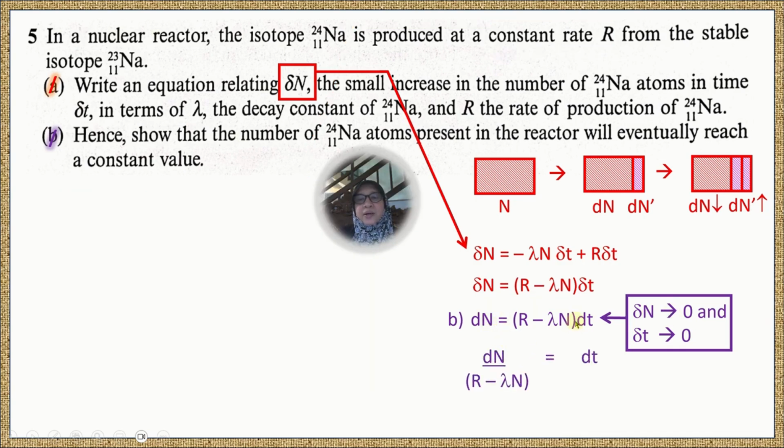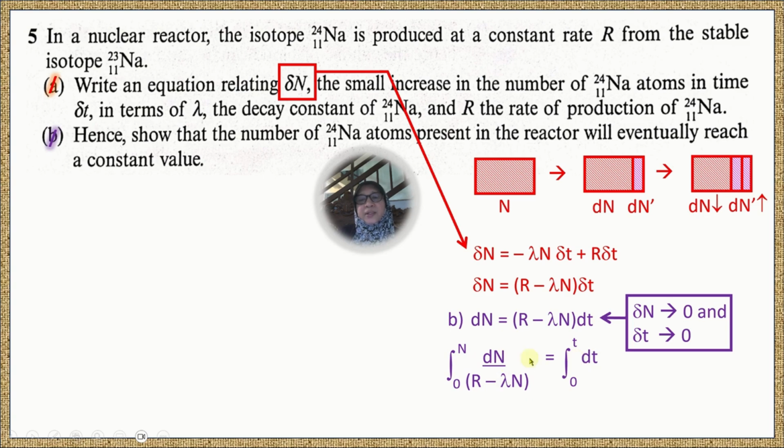Okay, so now we bring r minus lambda n, the whole bracket, to the left, and then we use the integration rule. Integrate, take the integral on both sides like this, with the number of atoms from initial 0 to n that haven't decayed yet, so 0 to n, and the time taken 0 to t.